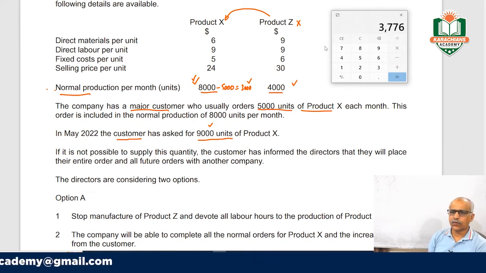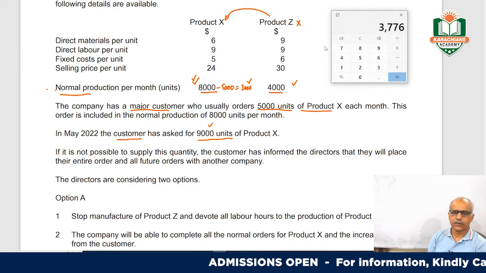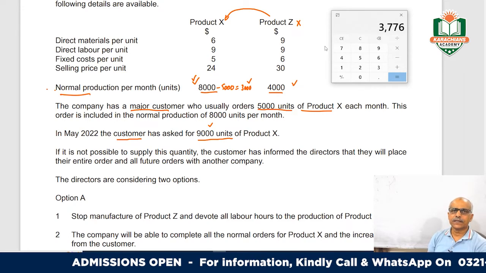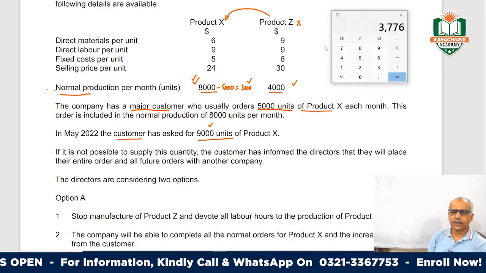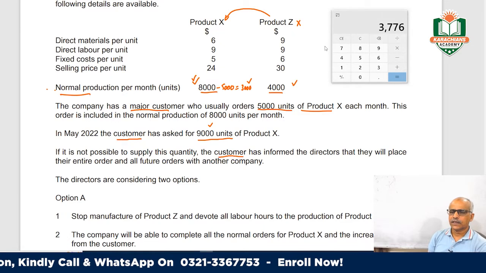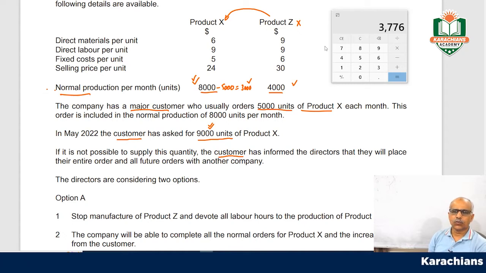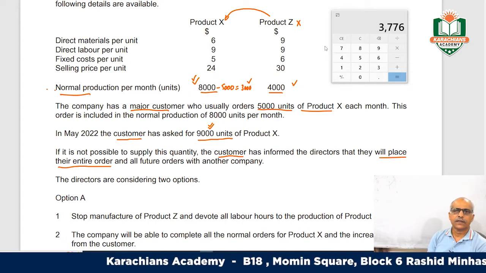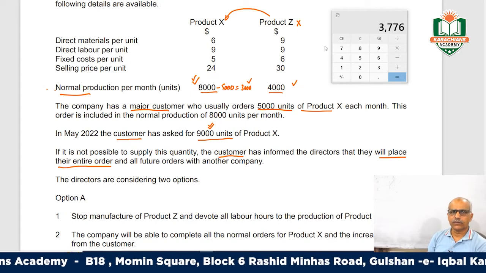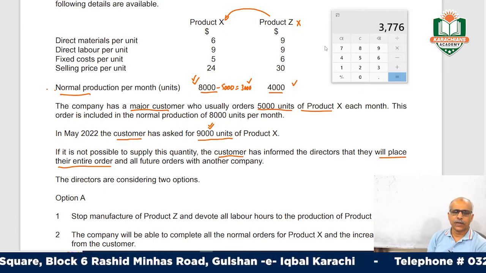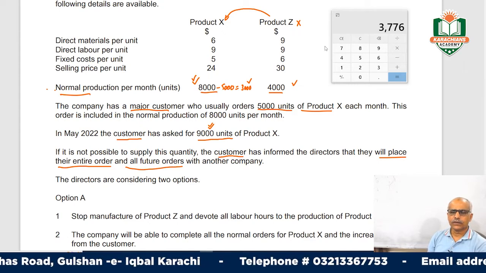The customer has informed the directors that they will place their entire order, with all future orders, with another company. This is a risk and threat to the business, because this major customer is saying that if they do not accept this 9,000 order, even at the cost of product Z, he will cancel this 5,000 order and all future orders and place them with another company.